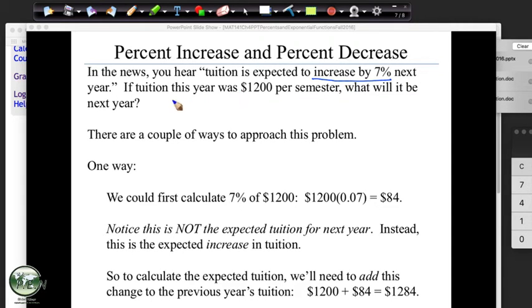Well, what was the old tuition? It's $1,200 per semester. As a percentage, what was it? Yeah, 100%, because it's what's 1,200 of 1,200. It was the whole cost.